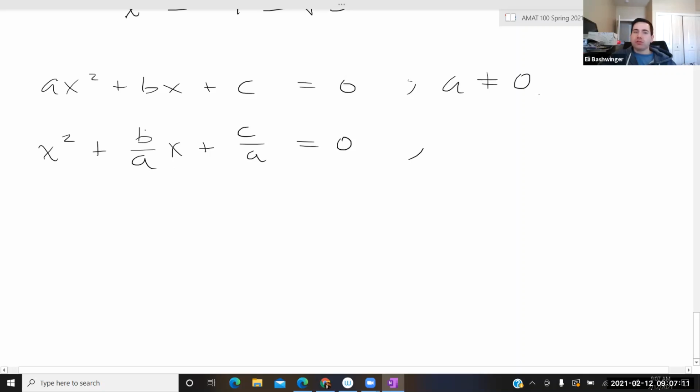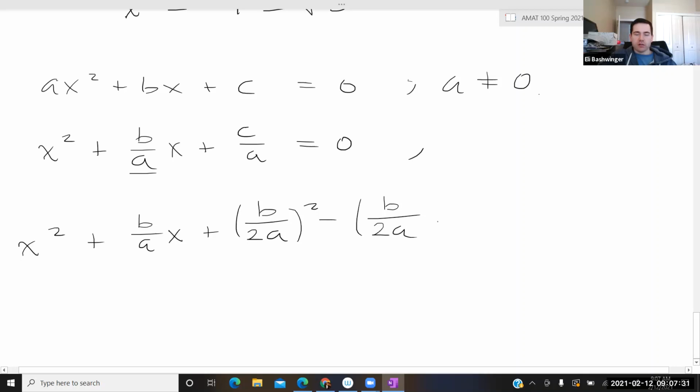And then I'm going to take this term right here, divide by 2 and then square it. Add and subtract that. So I'll have this. I'm adding and subtracting this term right here. And then don't forget c over a.